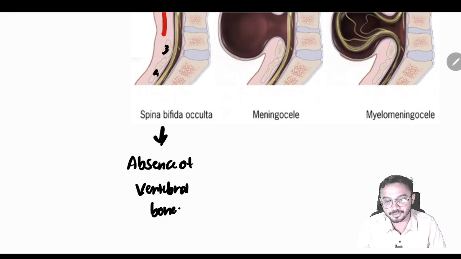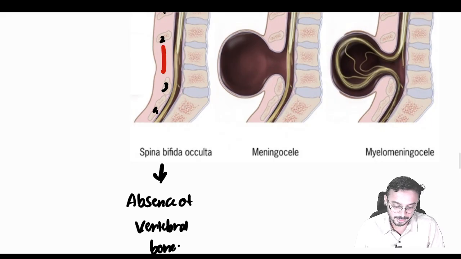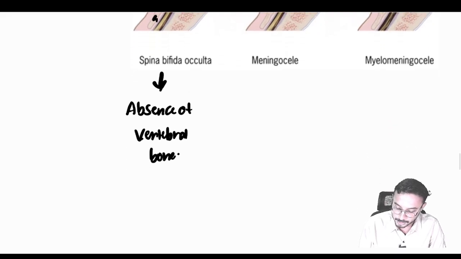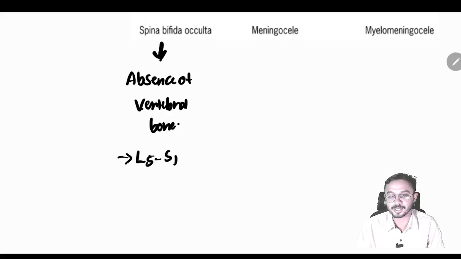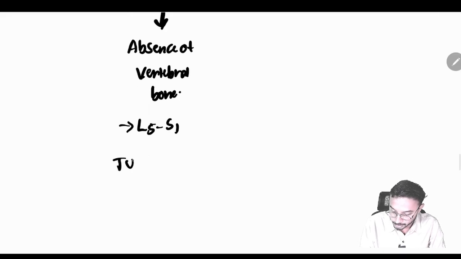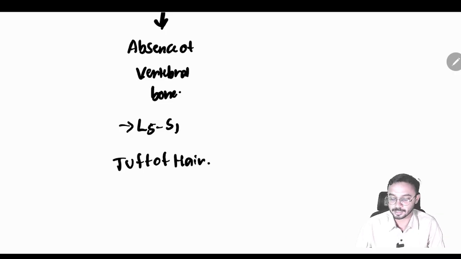The most common site is L5 to S1, and you can find a tuft of hair on the back of the baby.